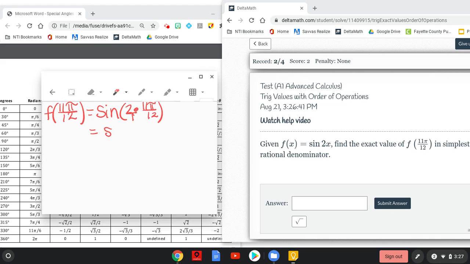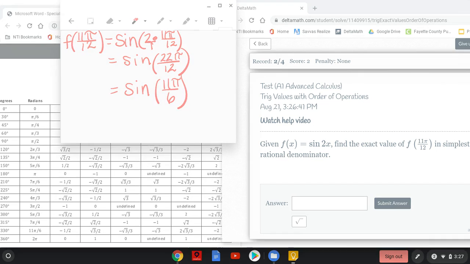So I'll get sine of 22 pi over 12. I'm going to reduce that to be the sine of 11 pi over 6. And as long as I know what the sine of 11 pi over 6 is, I'll have the correct answer.